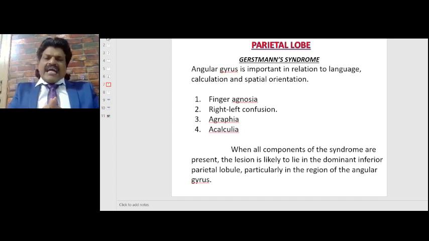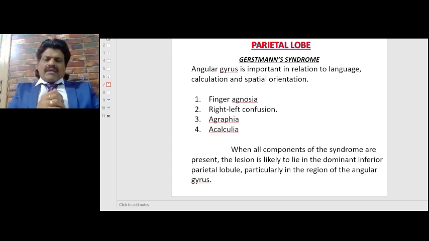They'll have acalculia, they will not be able to calculate. So this is the tetrad: finger agnosia, right-left confusion, agraphia and acalculia. When all the components of the syndrome are present, the lesion is likely to lie in the dominant inferior parietal lobule, particularly in the region of the angular gyrus.